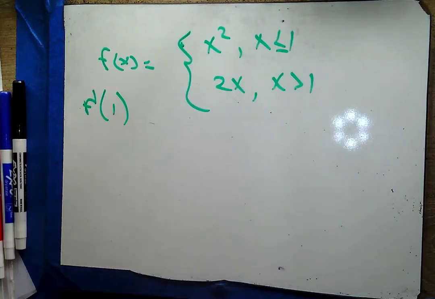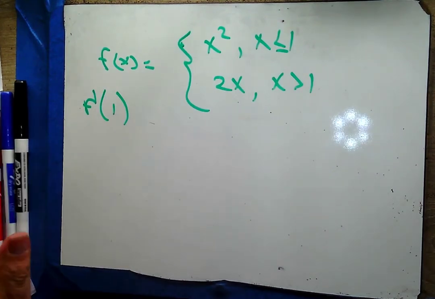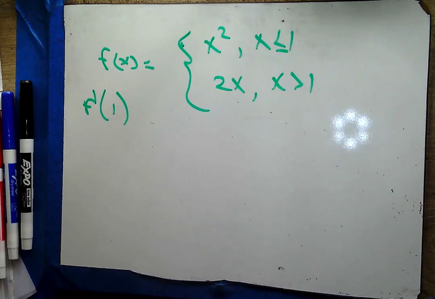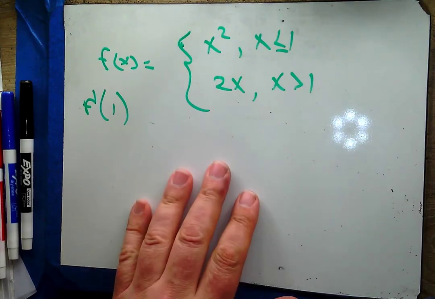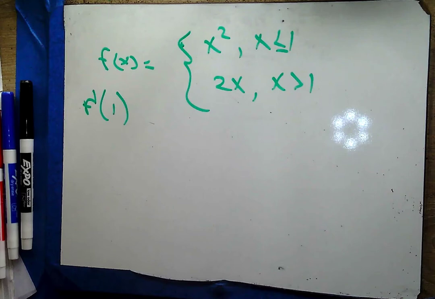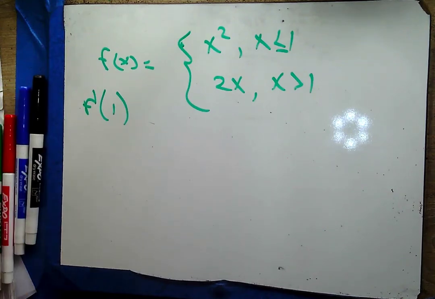And if it is, tell me what f prime of 1 equals. Okay, I'd like to know what f prime of 1 is, but first you have to figure out, is this function differentiable at 1? Why don't you pause the video, give it a try, and come back when you're done or you have questions. You will need to do this on the Chapter 3 test, so please don't run away from it. Hiding from it is not going to help you learn how to do it.